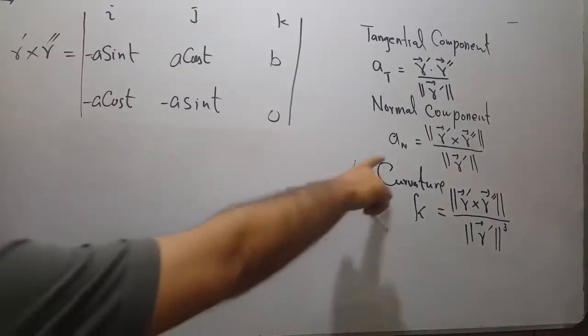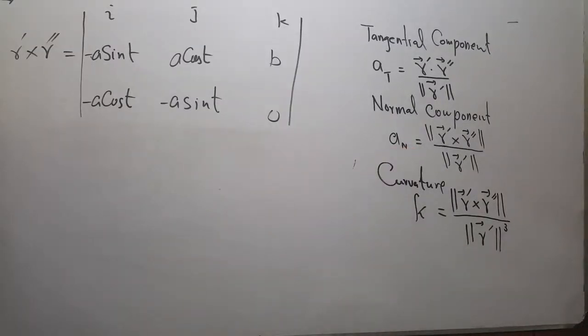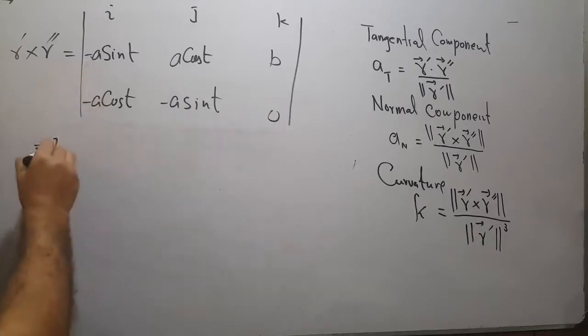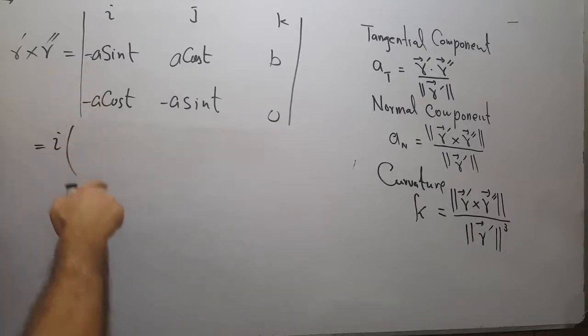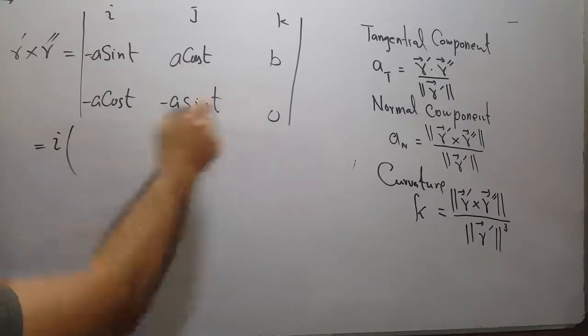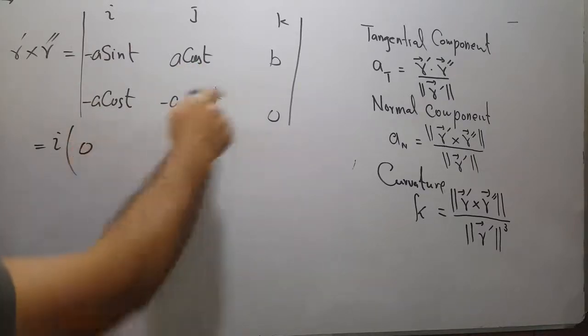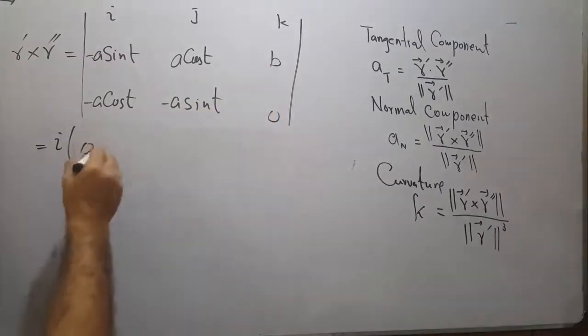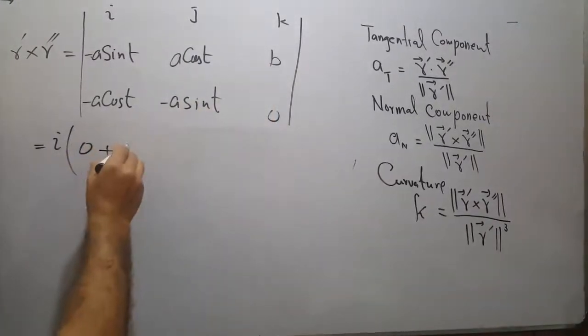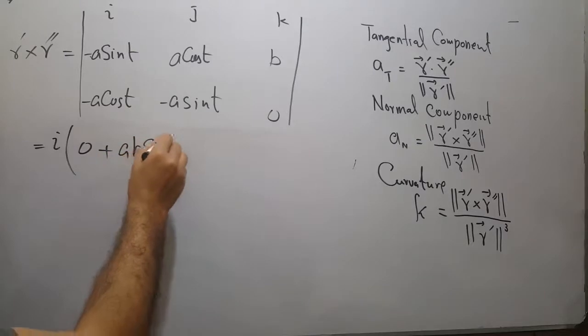Now to find the normal component, we need the cross product of r prime and r double prime. We have already written them in that form, and we need to find the determinant. So 0 times anything is 0, minus, and then minus minus becomes plus, so that would be ab sine t i.